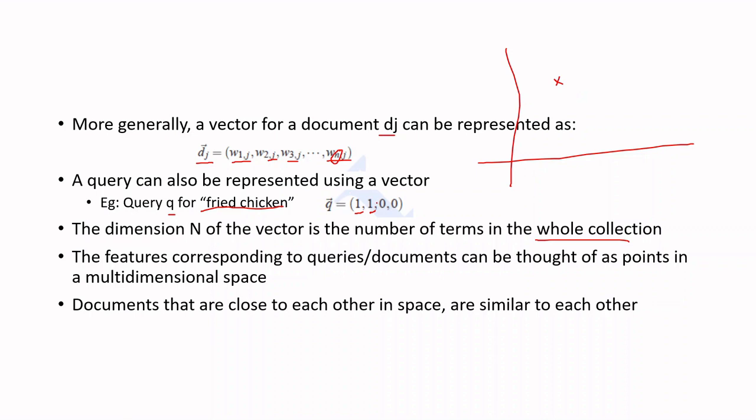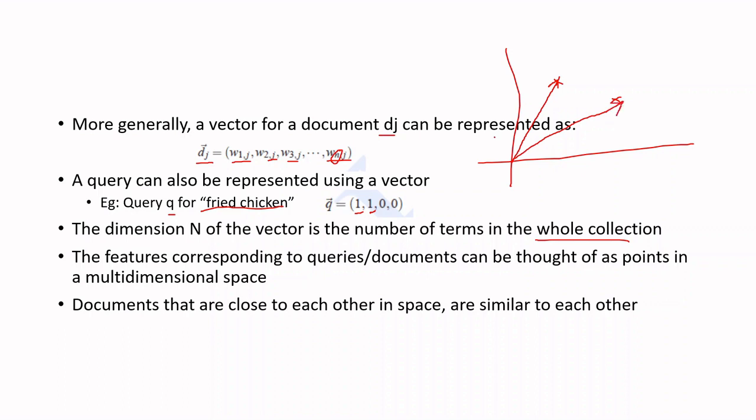Here it is 4-dimensional, but you can think of these as points in space. And documents that are close to each other in space are similar to each other. So this is a point, or from the origin you can think of this as a vector like this.